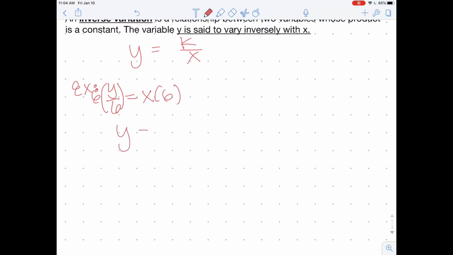And I end up with y equals 6 times x. That is not a constant divided by x like it shows up here. That is a constant times x. So this is not an inverse variation. It's actually a direct variation, which we talked about a couple chapters ago, because it's a constant times x.